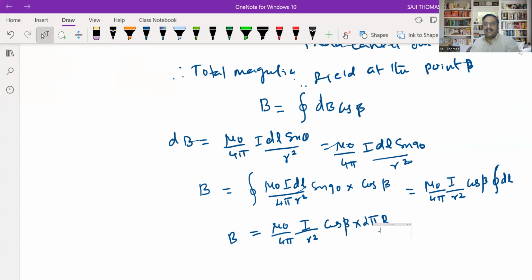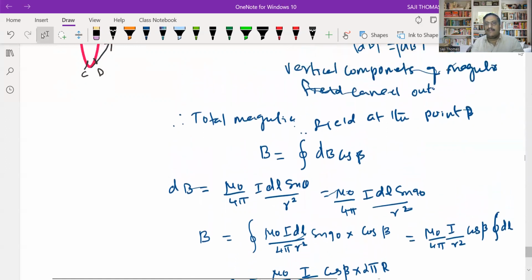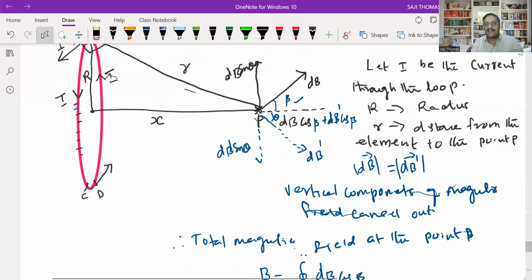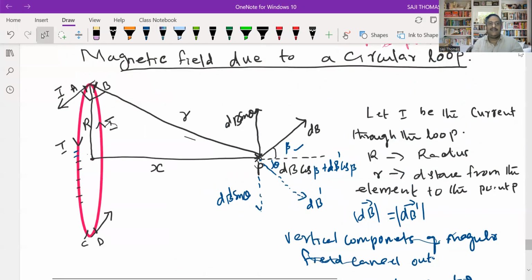And looking at the diagram, you can find the value of cos beta also. In the diagram, did you see beta? And this will be 90 minus beta.